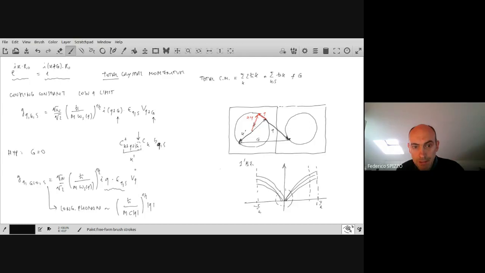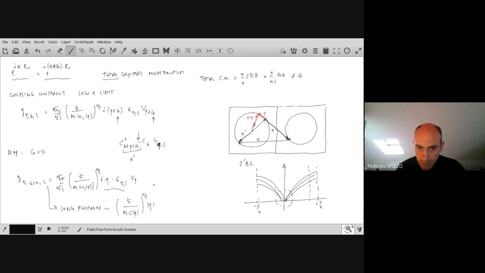Then we have V. V is the interaction potential between ions and electrons. In this case, we use the Fourier transform of the interaction potential. We have observed that due to the presence of the electrons, the interaction potential is not the pure Coulombian one, but is the Yukawa one.